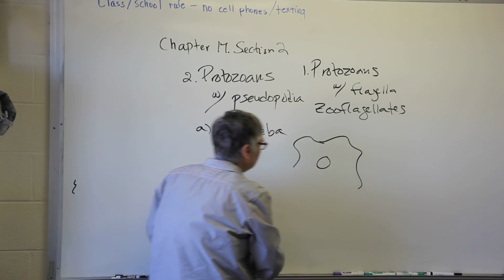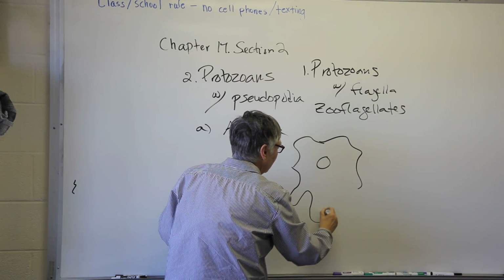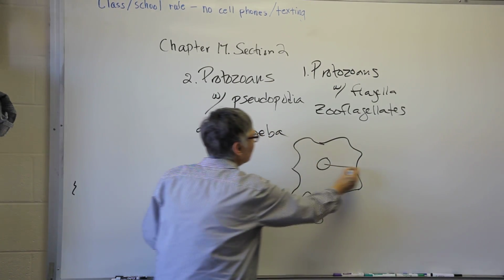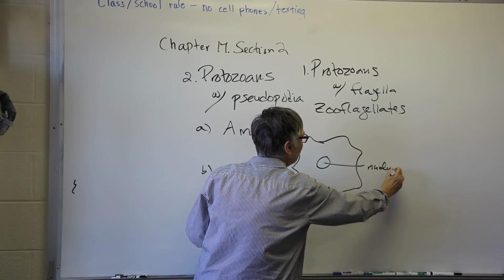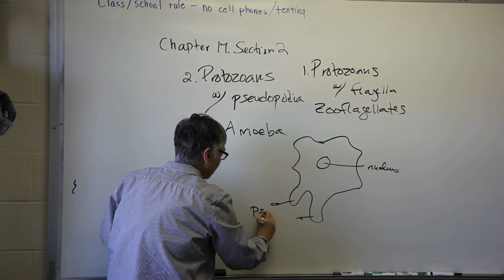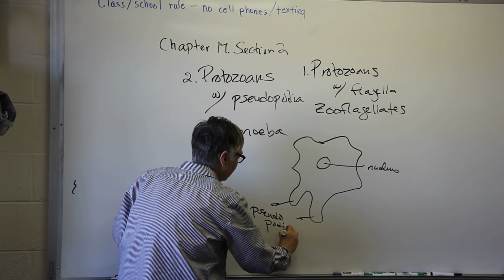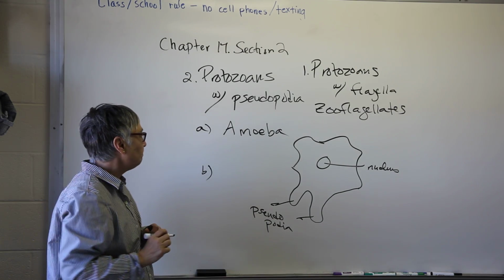So for example, in this organism, this would be the nucleus. These 2 extensions are called pseudopodia.